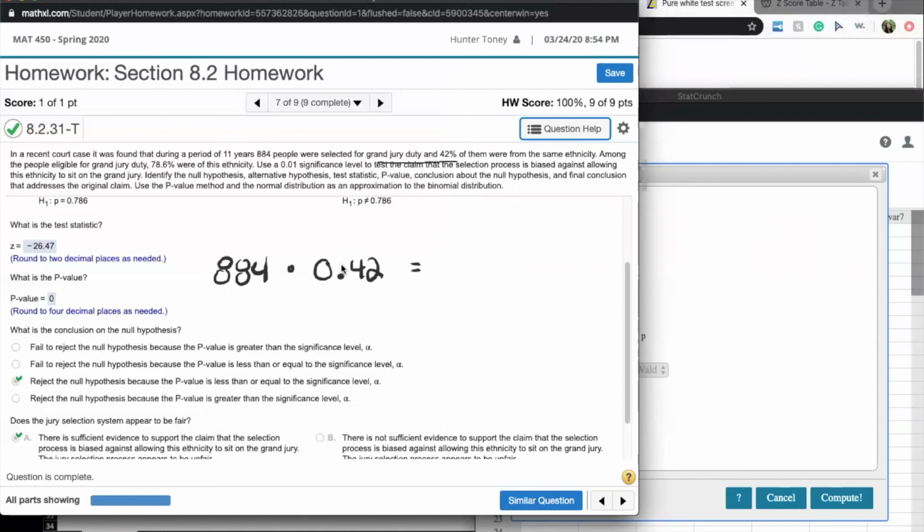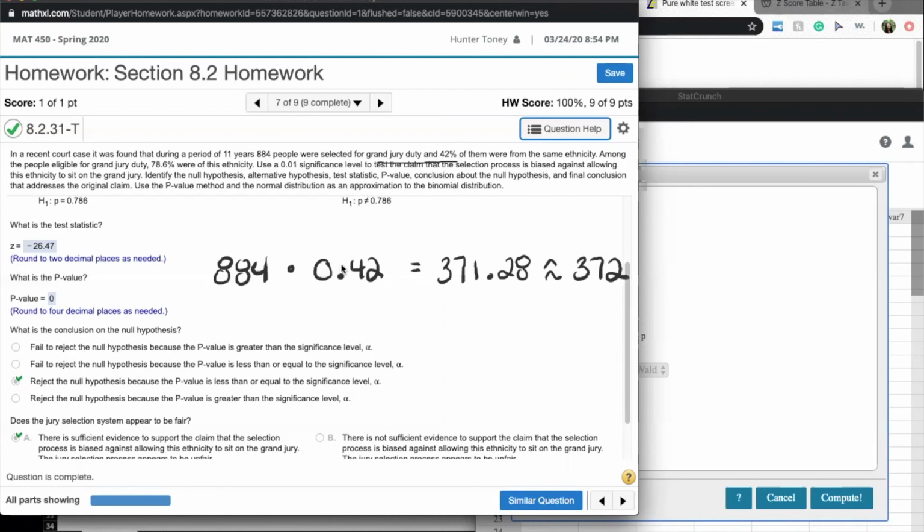So 884 times 42% gives us 371.28. But I always tell you, you can't have just part of a person sitting on the grand jury. That would be both terrifying and inaccurate. So we round this up to the next whole number, which is 372.